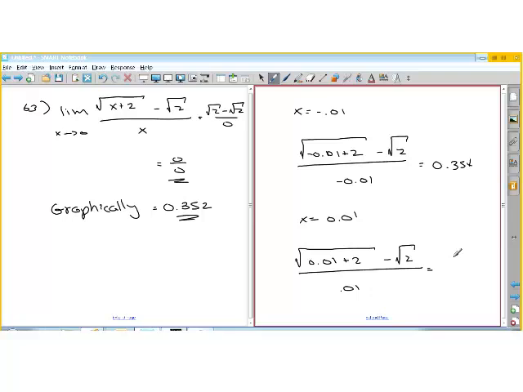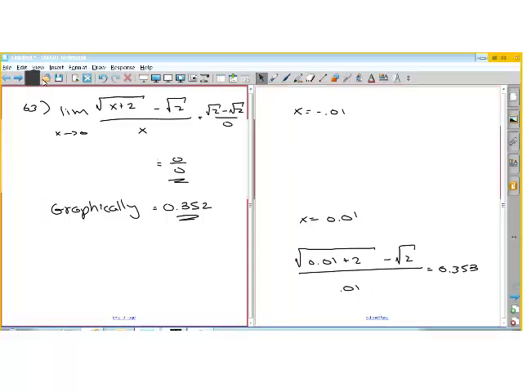And I get 0.353. So it looks like the answer is going to be somewhere between these two values. So the last thing is to do it analytically.